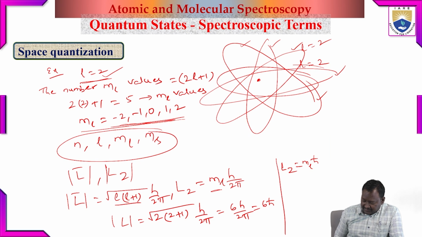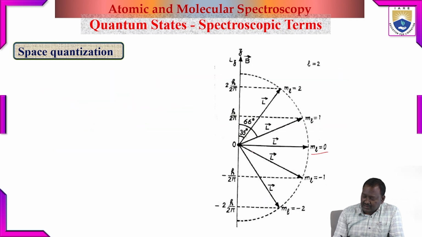And again here, the electron orbit may be like this. If it is orbiting like this, the ml value is 1, and the length of Lz is h by 2 pi.